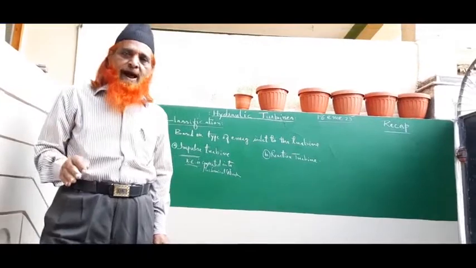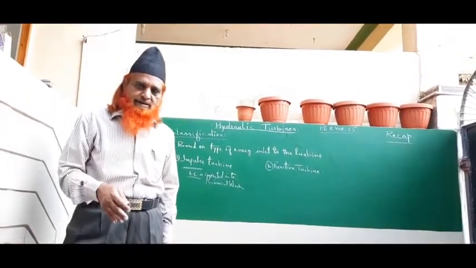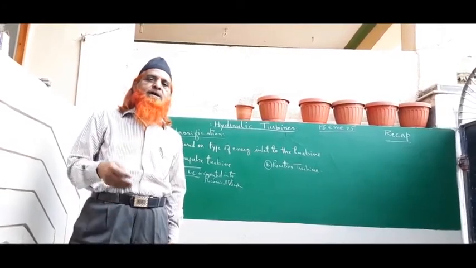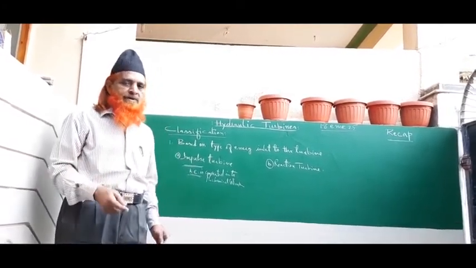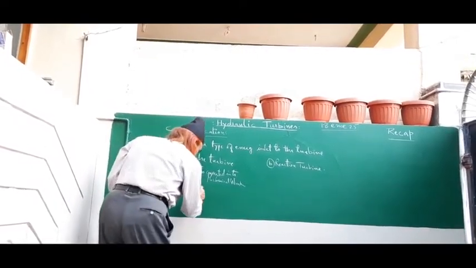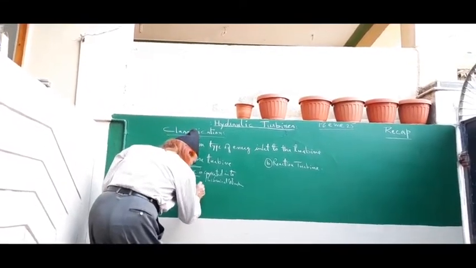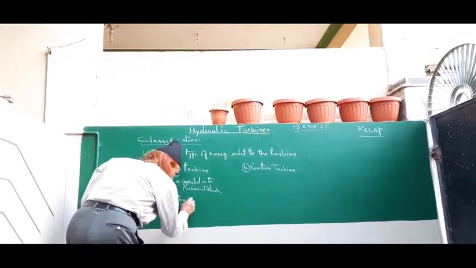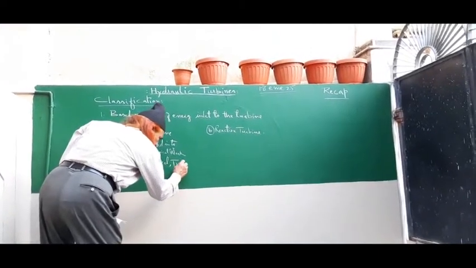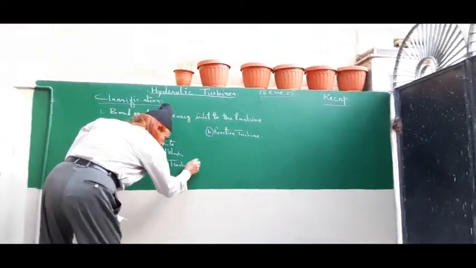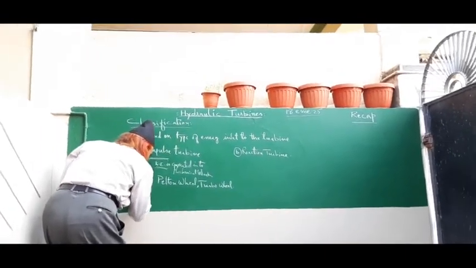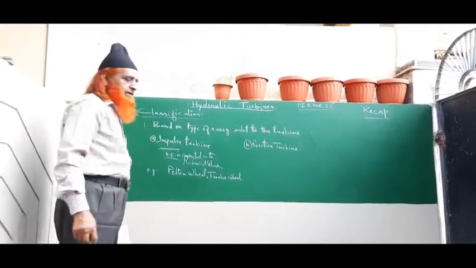Then that will act over the turbine blades, and hence we obtain the mechanical work. The examples of these are the Pelton wheel and Turgo wheel, etc. These are the examples of an impulse turbine.